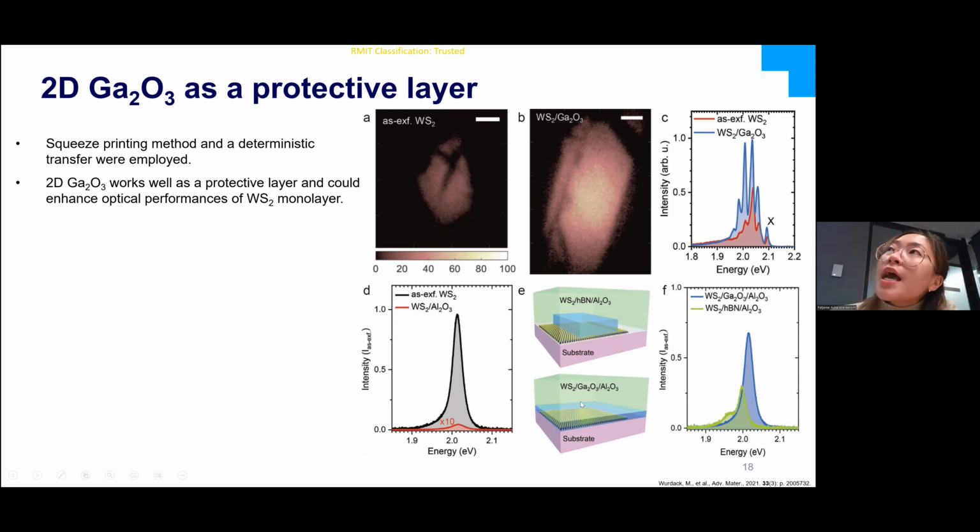But when we capped it with gallium oxide instead of HBN and then deposited another Al2O3 on top, you can see that the intensity is higher. So that's kind of proof that gallium oxide is working effectively as a protective layer and also enhances the optical properties.